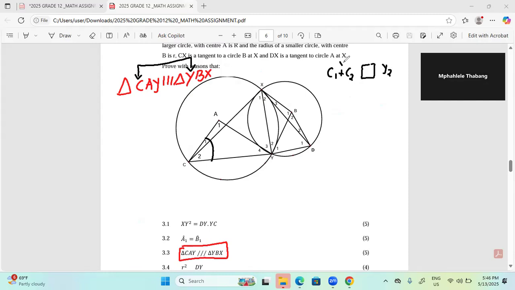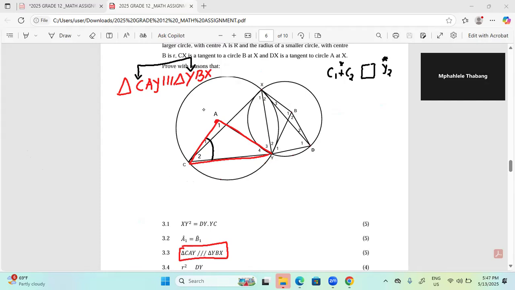I want these to be equal because I know triangles will be similar if they have angles that are equal. It's very important actually to highlight the triangles they are talking about. We're looking at this triangle, CAY, and which other triangle?